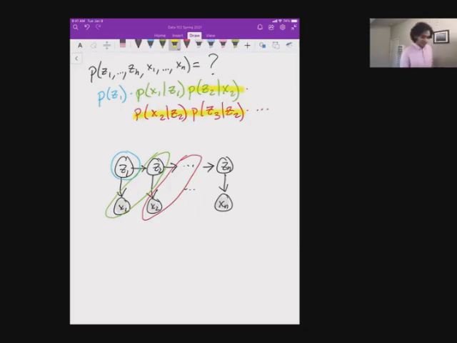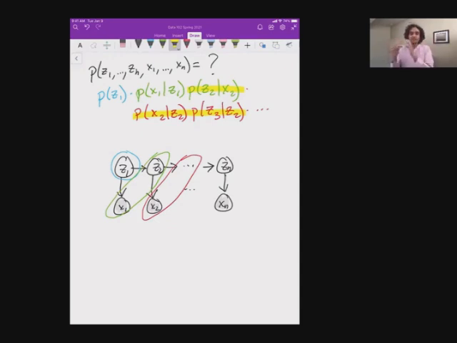None of the ones in the future matter, because they're past Z2. So maybe I can do some kind of clever algorithm where I start at 1, reason about it, then go on to 2, and then go on to 3.